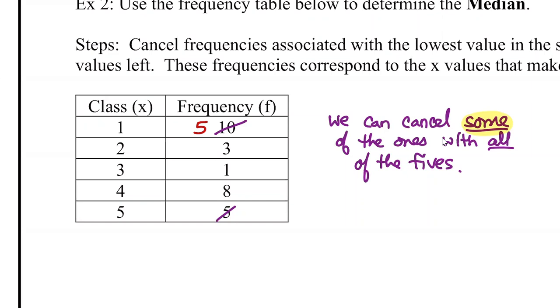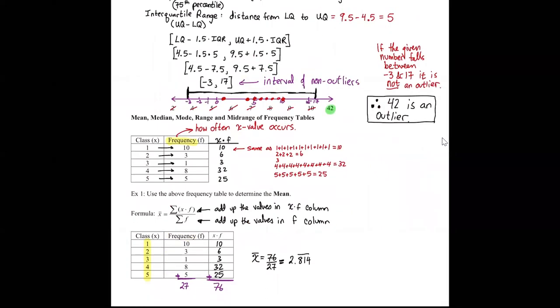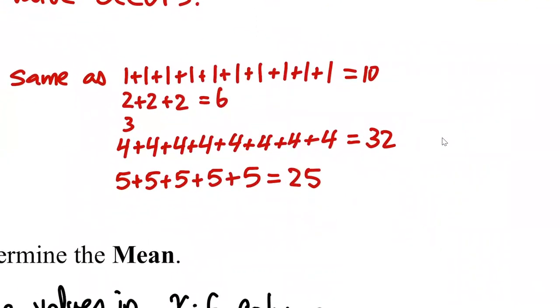So we always want to account for the leftover. So the 5 5s, all of those 5s, will cancel with 5 of the 10 1s. And so I can just flip back real quick to this and say, instead of canceling them out one at a time, what I'm really doing is taking all 5 of these 5s and wiping them out with 1, 2, 3, 4.